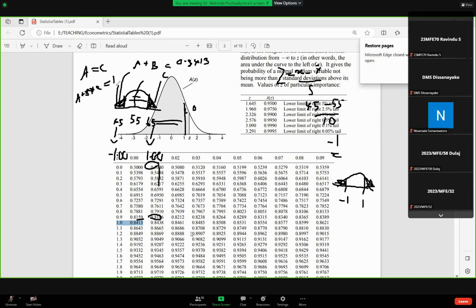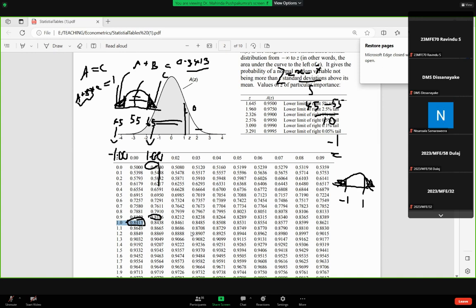Then you can easily find the value for C. You know the value for A plus B, it is 0.8413.